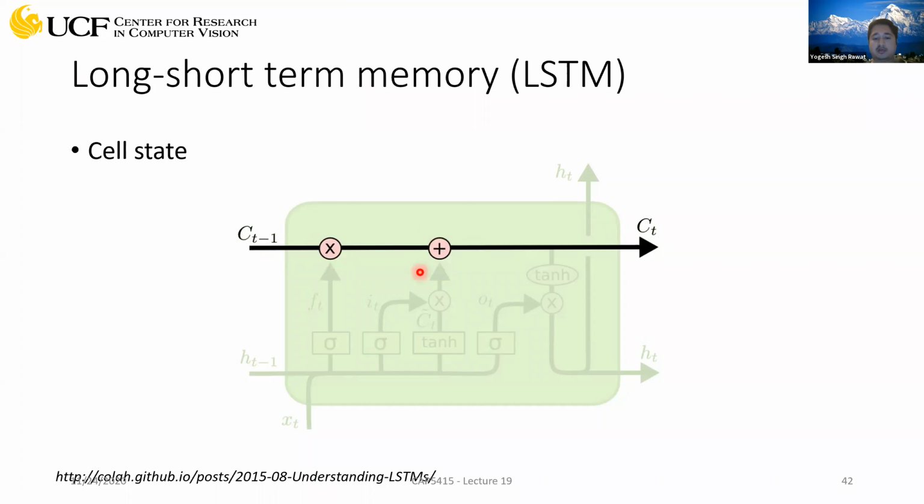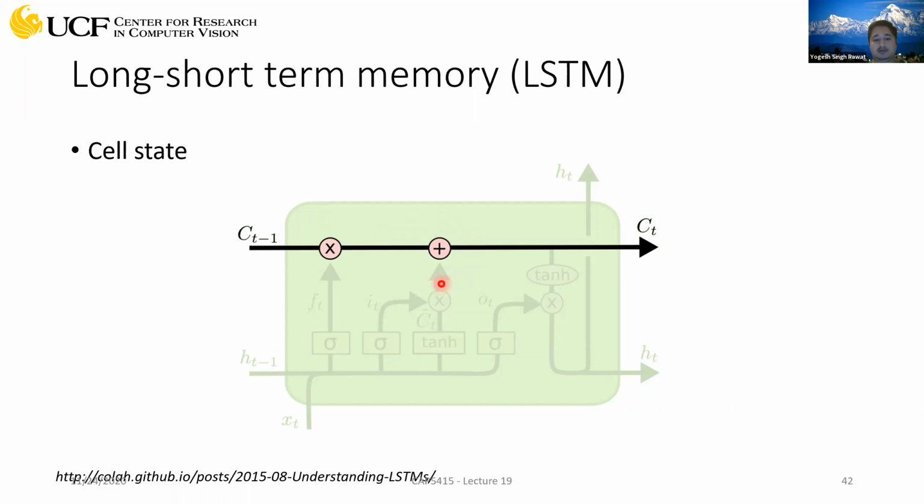Then the second operation is that you want to add something to your cell state. This is the input layer. It looks at the input you're seeing at this current time step and makes some judgment: this is the information I'm getting at this time step, and this is very useful, so let's add this information to my current cell state.